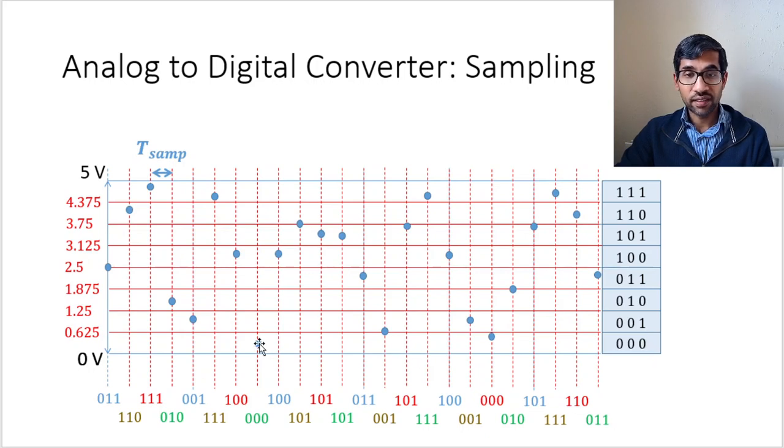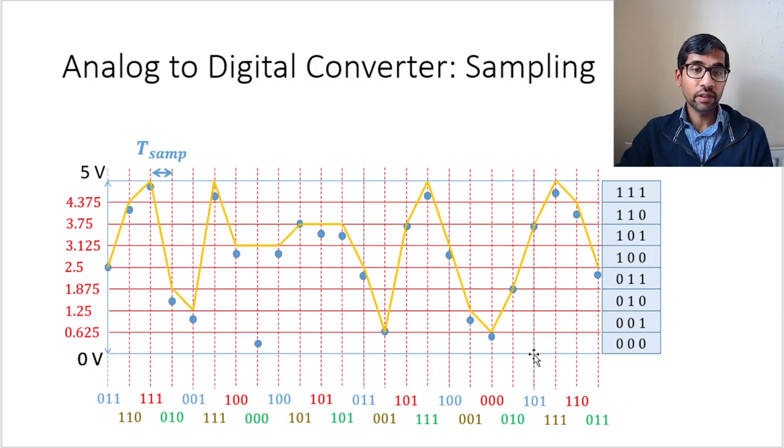For example, this value is between 0 and 0.625, so it is assigned a value 0, 0, 0. Similarly, let's say this value is given a value 1, 0, 0, and so on and so forth. This process of assigning each analog value a particular digital level is called quantization.